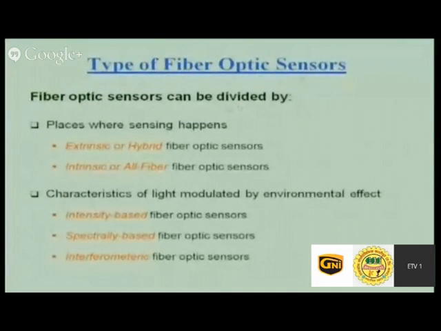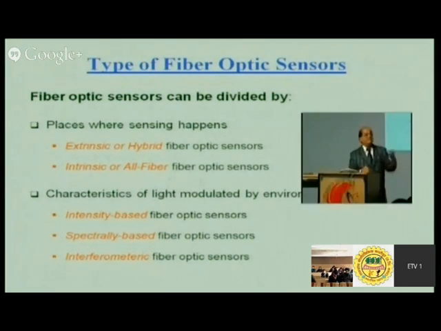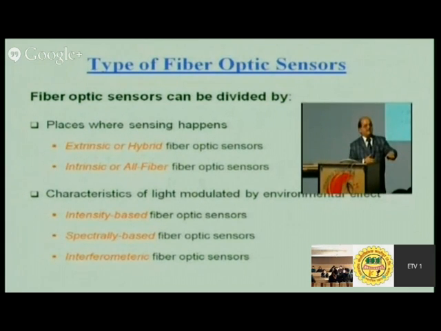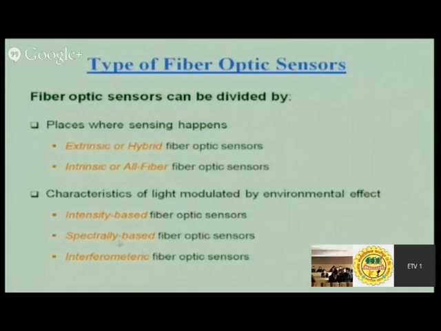It can be an extrinsic sensor where the changes take place in the outer environment, or it can be an intrinsic sensor, where change is there in the optical fiber, like microbend sensing. You can create a bend over the fiber, and that changes the characteristics of the light. So extrinsic and intrinsic. Similarly, I mentioned intensity based sensor, spectral based sensor, interferometric sensors. All these are the classification of different sensors.